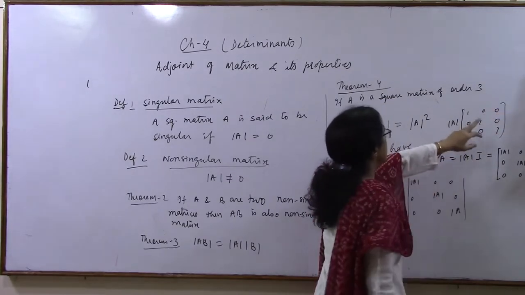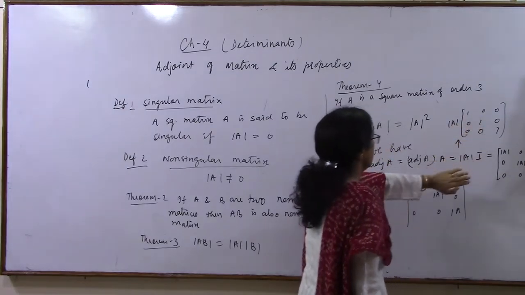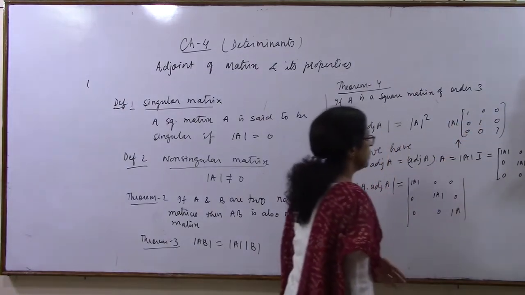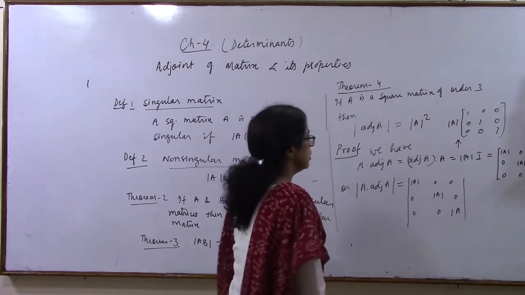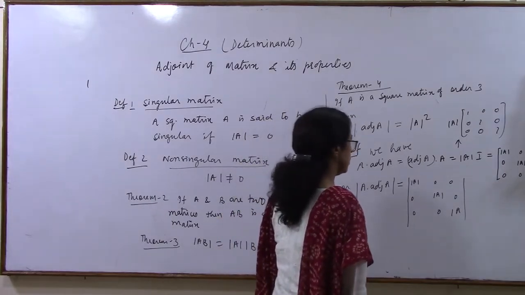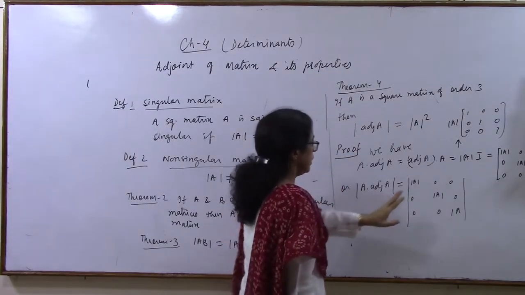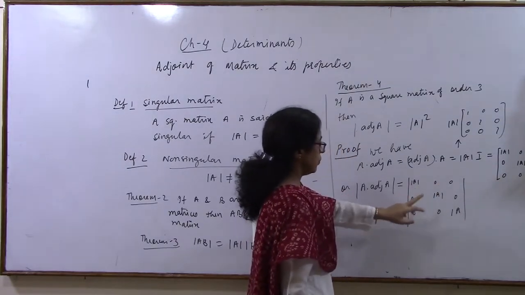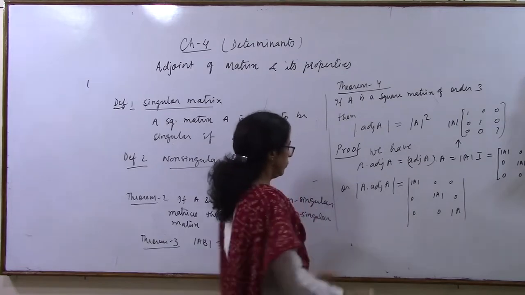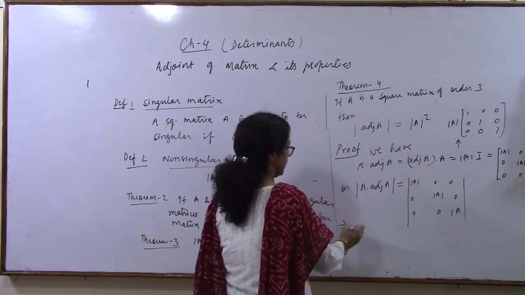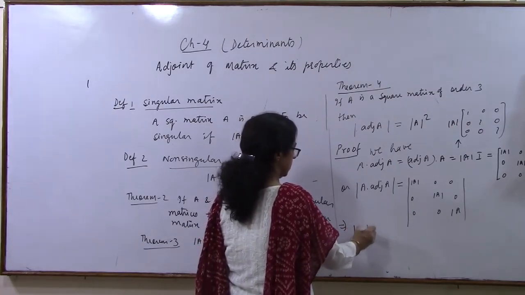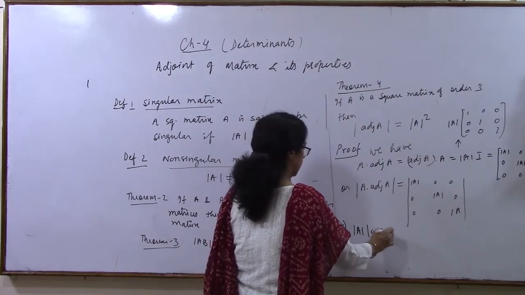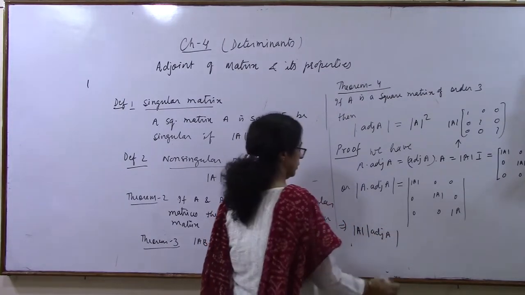Multiplying determinant A by the first row, second row, third row, we get determinant A on the diagonal and zeros elsewhere. Now taking determinant A common from the first row, second row and third row, the left hand side can be written as determinant A times determinant of adj A by theorem third.